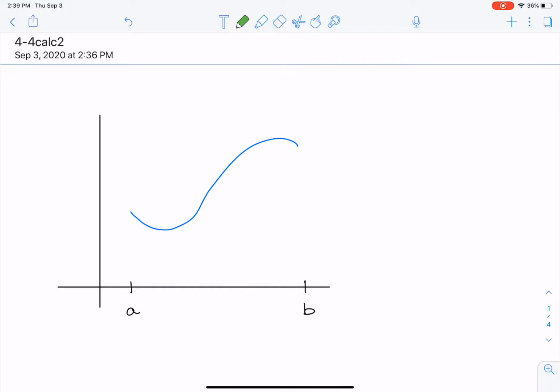And that is to chop this into pieces. So we could break this curve up by breaking up our interval into pieces. And then along each piece, we can approximate the length of the curve by using straight line segments.